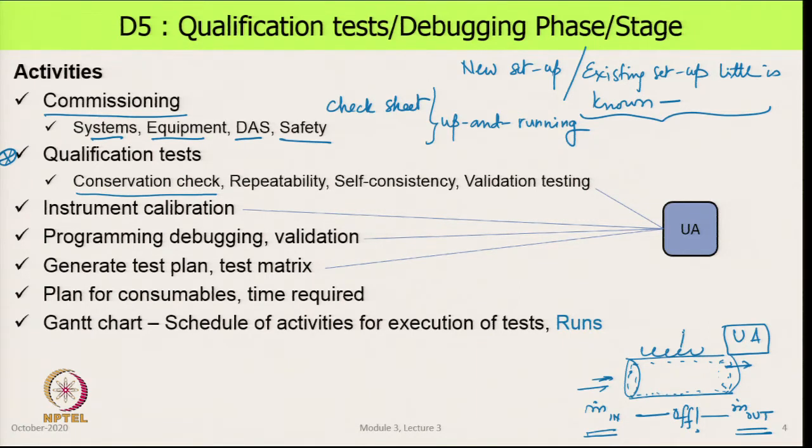So, we have to measure the heater power, how many watts we put in it, measure this and its outlet temperature, and do a calculation and see that the energy gained by water is equal to the heat transferred by the heater.